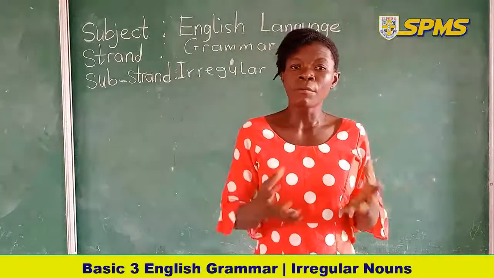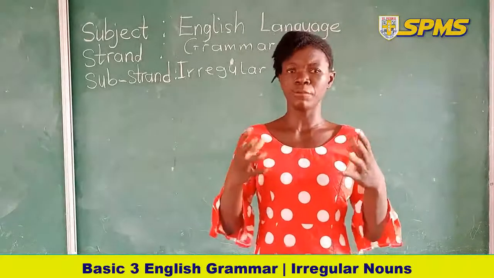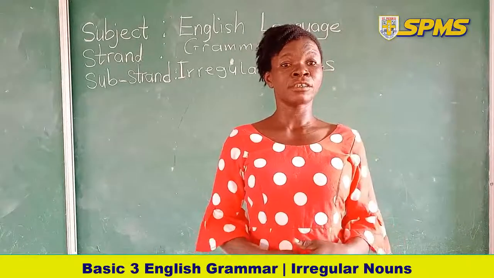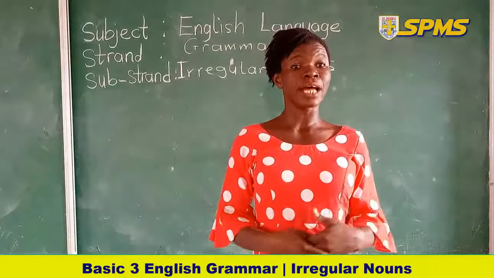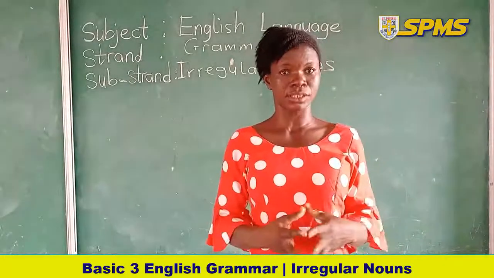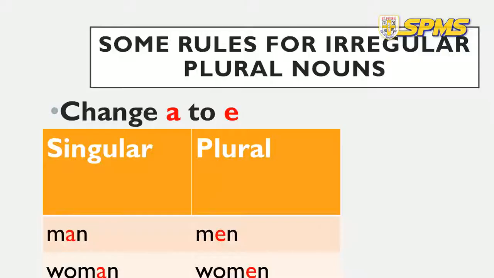Whenever we want to form the plural of irregular nouns, there are rules that we need to follow. Let's see some of these rules. Rule number one: some irregular nouns change their vowels. An irregular noun that has the vowel A changes it to E. For example, man.